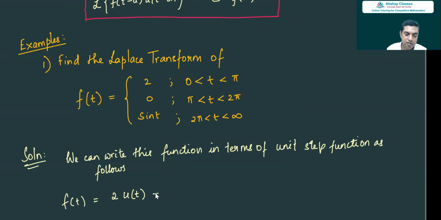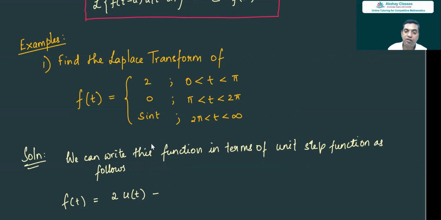Then this is 0. So when t is greater than pi, this will be 1, because for all t greater than 0, unit step function u of t will be 1.